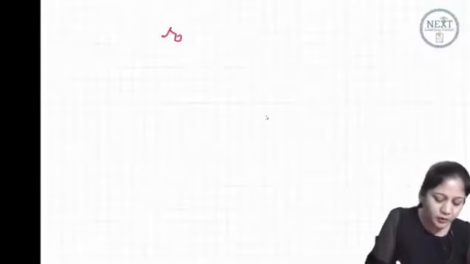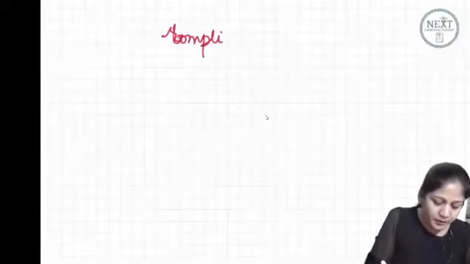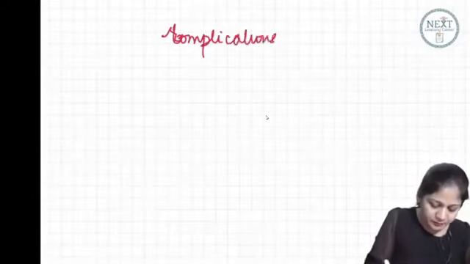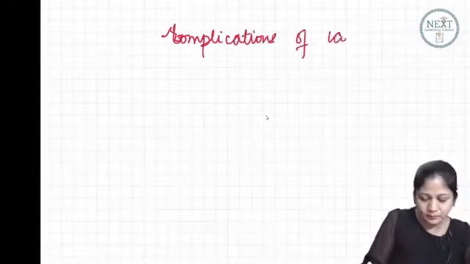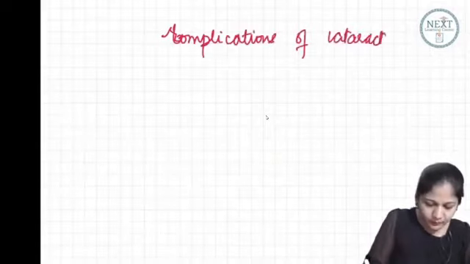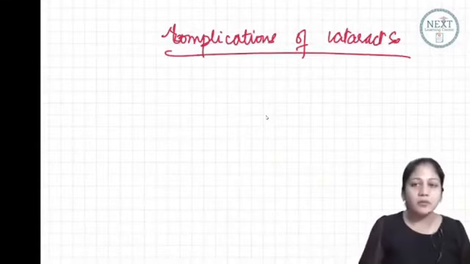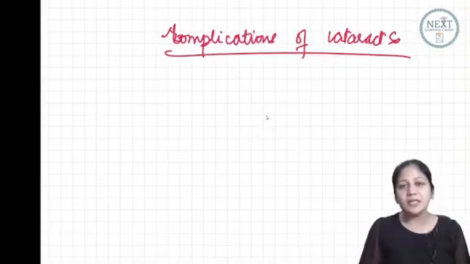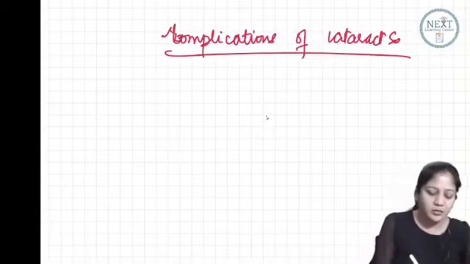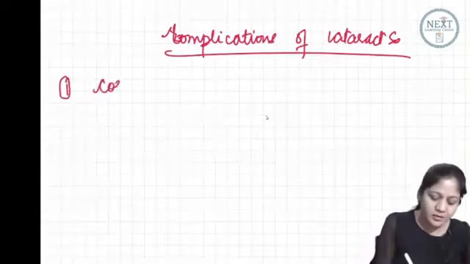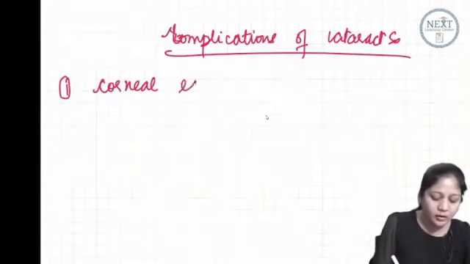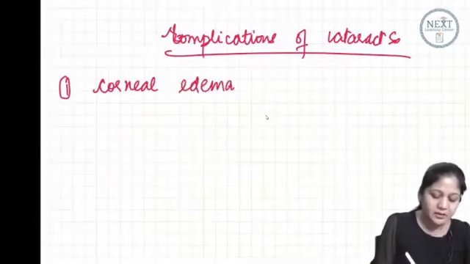Chalo friends. Now let's talk about some complications of cataract surgery. This is another very important topic. Okay? We have to write down many, but we have to read in detail only two. The first complication of cataract surgery is edema in the cornea. Cornea becomes edematous.